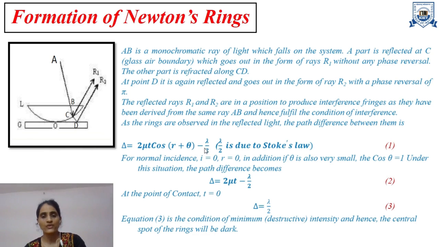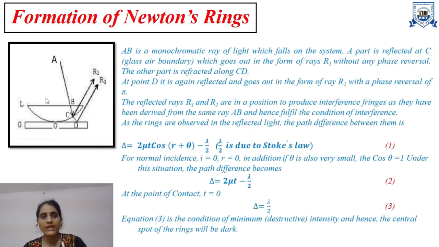We write it over here. And this lambda by 2 term comes here due to Stokes law of reflection, which is occurring at the point D. You can write it plus lambda by 2 or minus lambda by 2. It is completely your choice. So this I denote by equation 1.